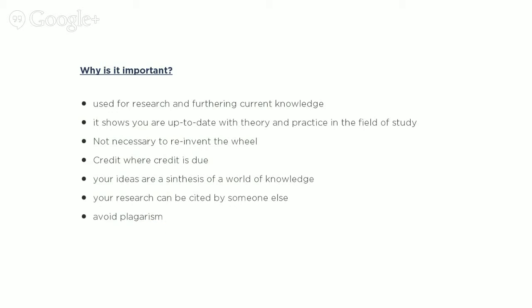Also, if you're in the field, if you're already a professional and you submit an article to a newsletter or a journal, and they detect that your article is plagiarized, that you're taking ideas from other people and assuming that they are your own, that also has some very serious repercussions. You can be fined, you can be legally sued, and you can also be publicly discredited.